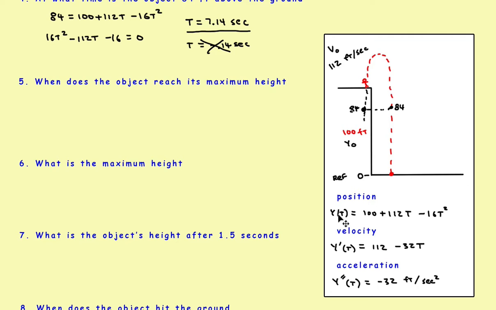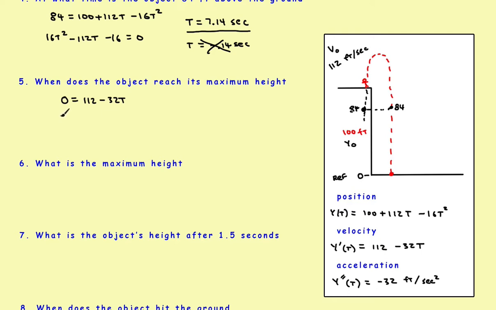So what that tells you is this time you're going to use the velocity equation. You want to know what the time was when the velocity was 0. So just set the velocity equal to 0 and solve for t. So 112 minus 32t. When it asks for the maximum height, what it's really asking is at what point the velocity was 0.